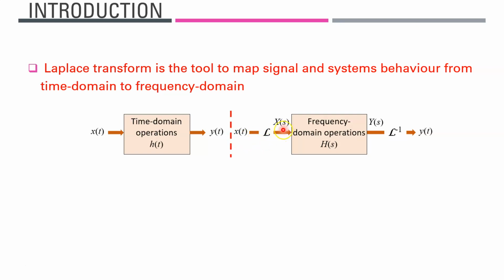This s is now the frequency domain. Again, the impulse response becomes H of s, so your output will become capital Y of s. If this output undergoes the inverse Laplace transform, where L to the power of -1 symbolizes the inverse Laplace transform, we will get back the output in the time domain, which is y of t.